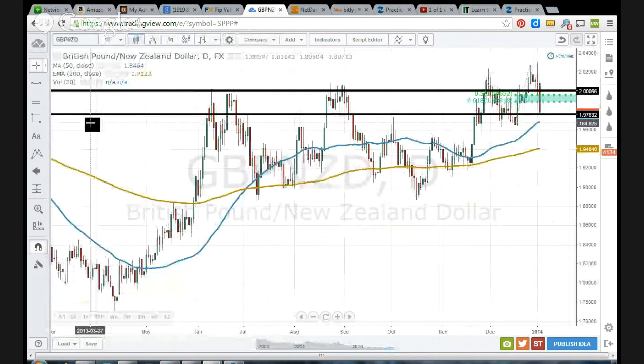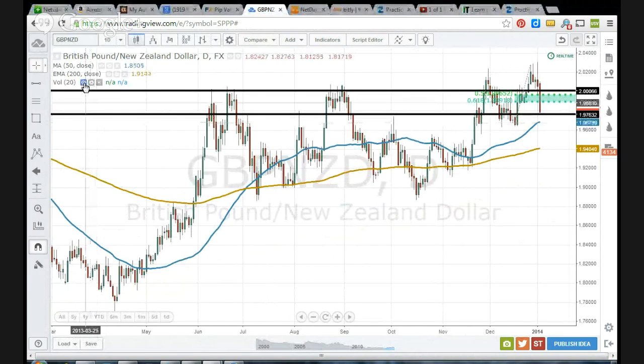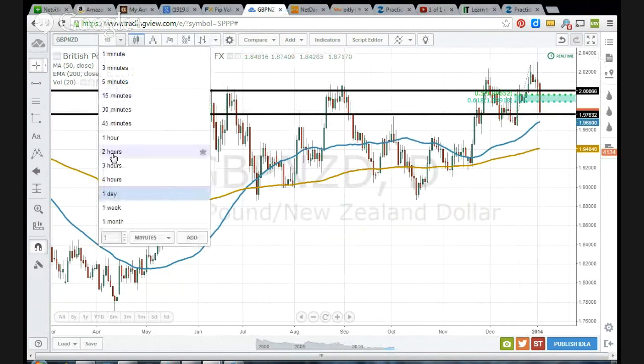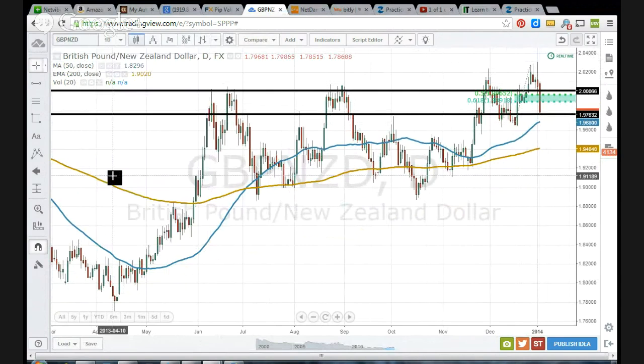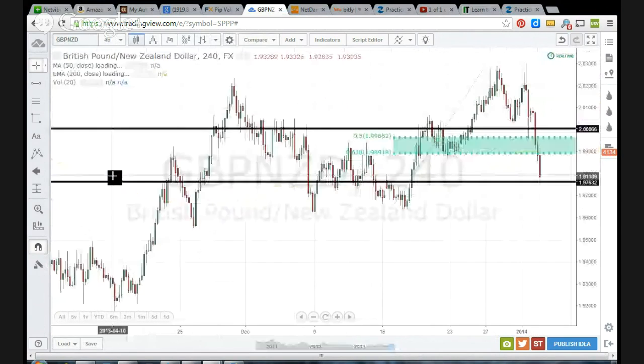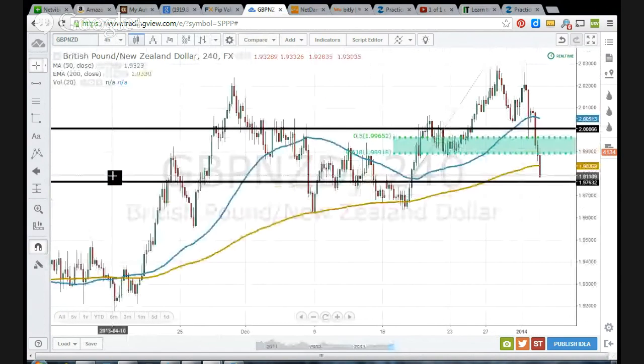Okay. Hmm. Now this is interesting. The issue here is that we've had such a big down move that I don't want to enter. The bear move that's going on today in pound kiwi needs to subside before I enter.